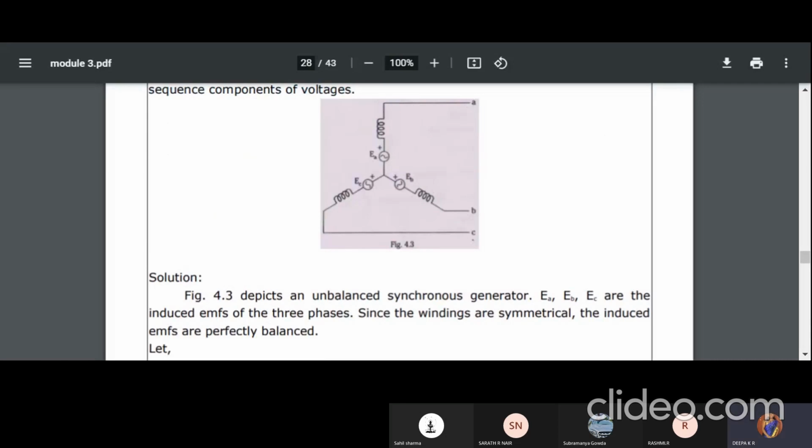Now we are going to substitute here. We are assuming this is a synchronous generator where we have EA, EB, EC, the induced EMF of three phases. Your windings are symmetrical, so whatever is induced here, EA is equal to EB is equal to EC. Means they are balanced and your values are equal. If I get 20 volt, EB also 20 and EC also 20.